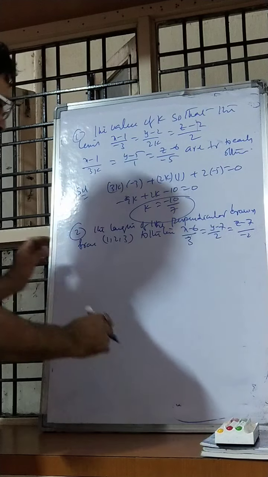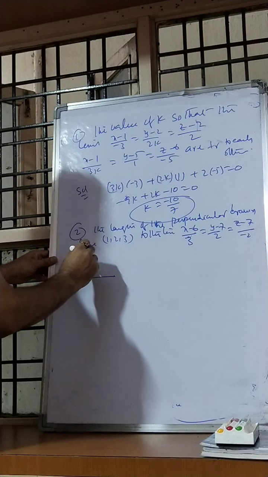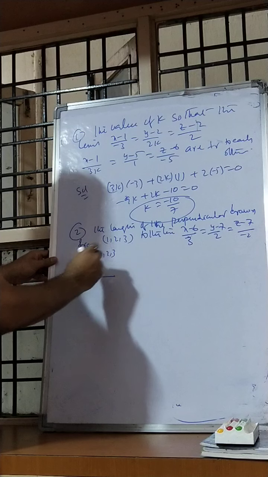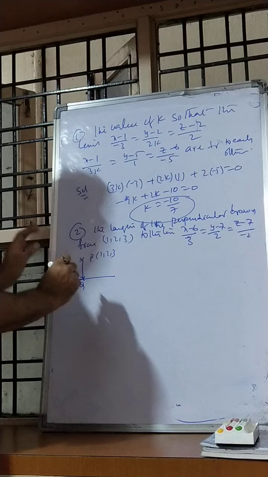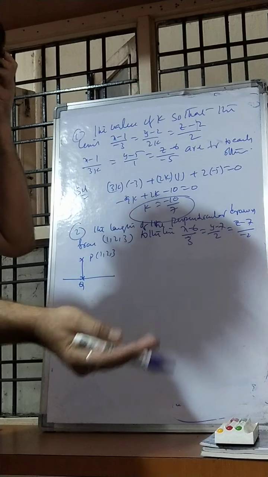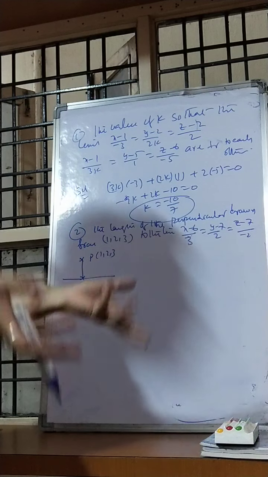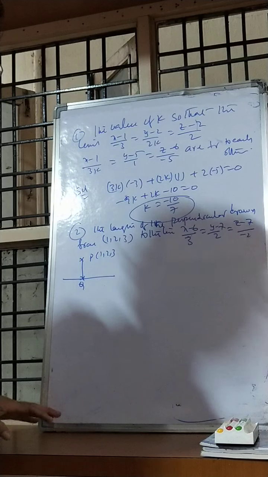Once again I have taken the problem. As I said, p is (1, 2, 3) as given, and this q you have to find. The length of the perpendicular means you have to find the foot of the perpendicular. For the image also, you have to find the foot of perpendicular only.